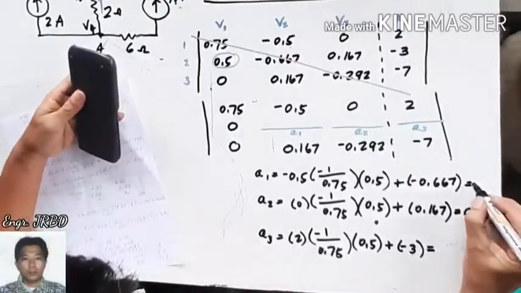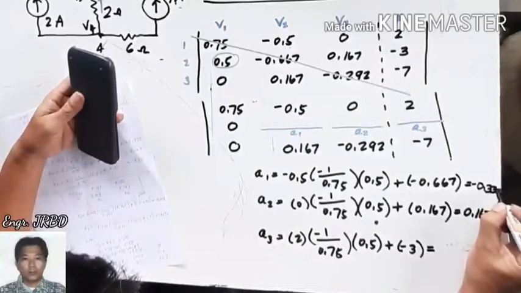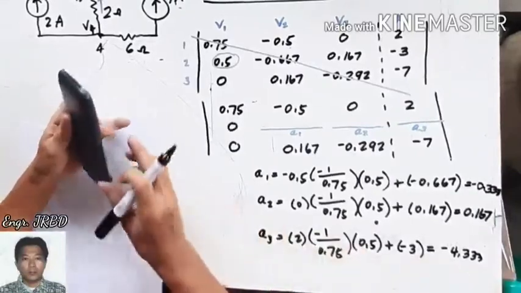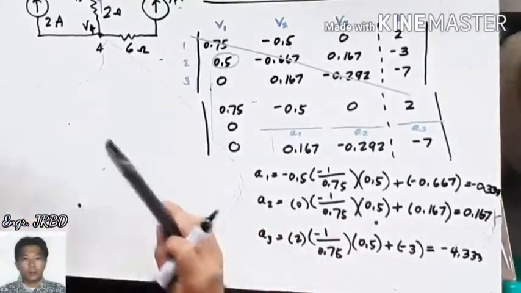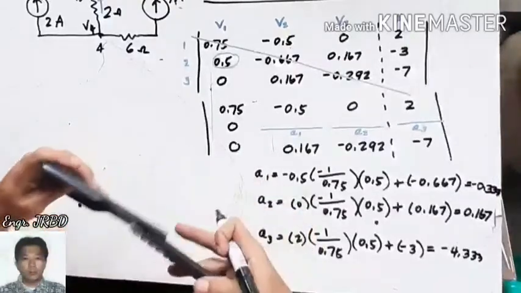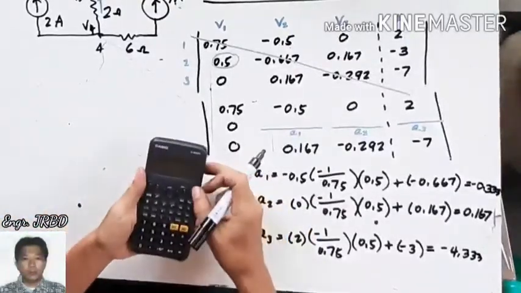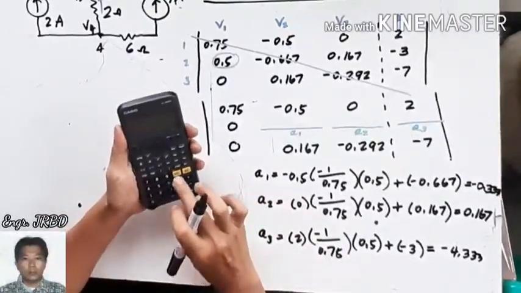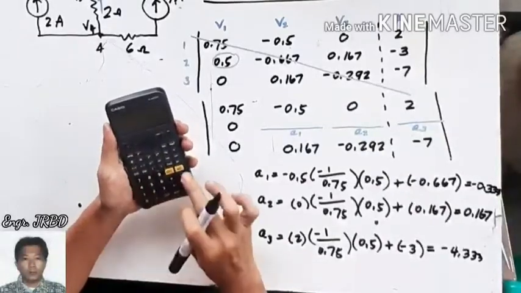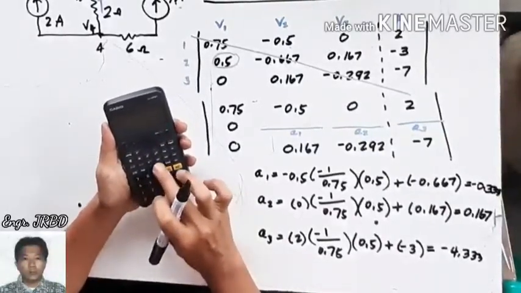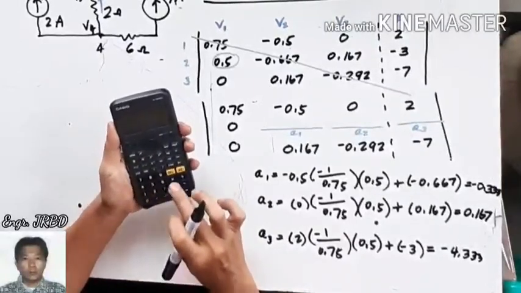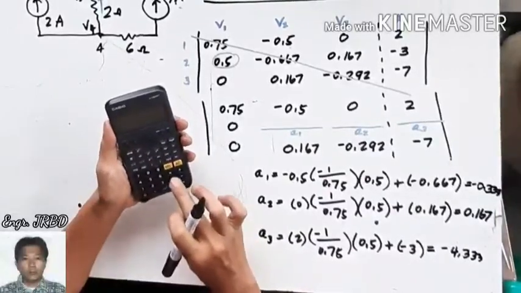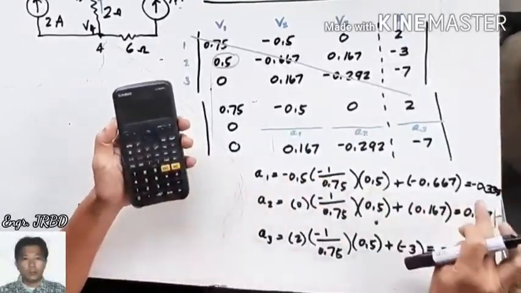So if you will try to compute now for this, the values will be negative 0.333, and the other one is negative 4.333. If you will try to recheck this one, that will be negative 0.5 times negative 1 divided by 0.75 times 0.5 plus negative 0.667, and the value is negative 0.333.